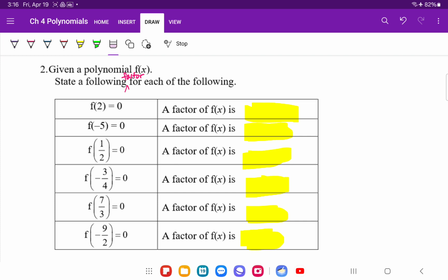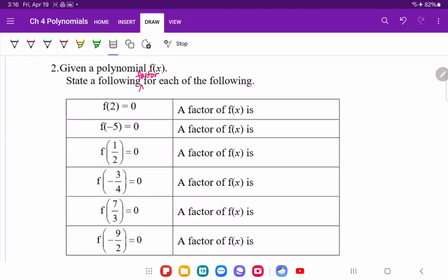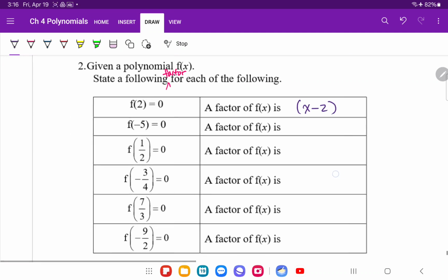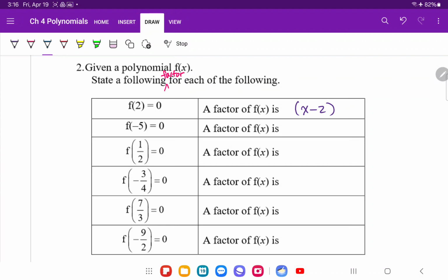Alright, let's resume the video. Okay, for the first one, instinctively, you should be able to get the answer, bracket x minus 2. Now, what is the rough working behind it? You can actually take number 2 and say that x equals to 2. Now, rearrange and make a 0 appear on the right hand side, and then we will take the x minus 2 as the factor.